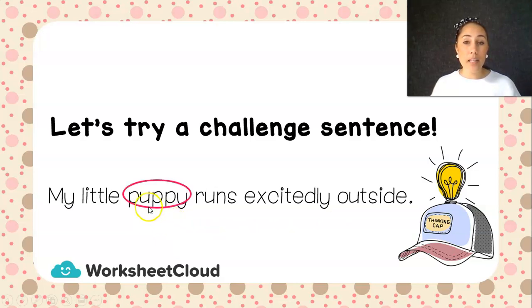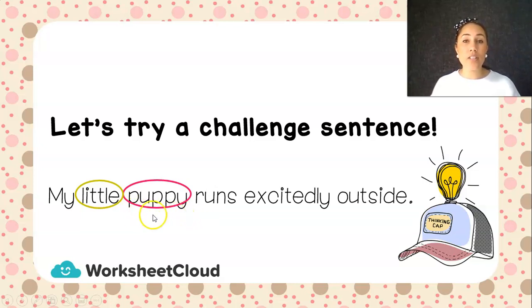So, puppy, yes, would be my noun because I can see the puppy, I can hear a puppy barking, I can smell a puppy if we've just washed him. And are there any words in this sentence that describe the puppy that would be our adjective? Little, yes, it tells us about what the puppy looks like. It tells us that the puppy is a very small puppy. So what is the puppy doing?